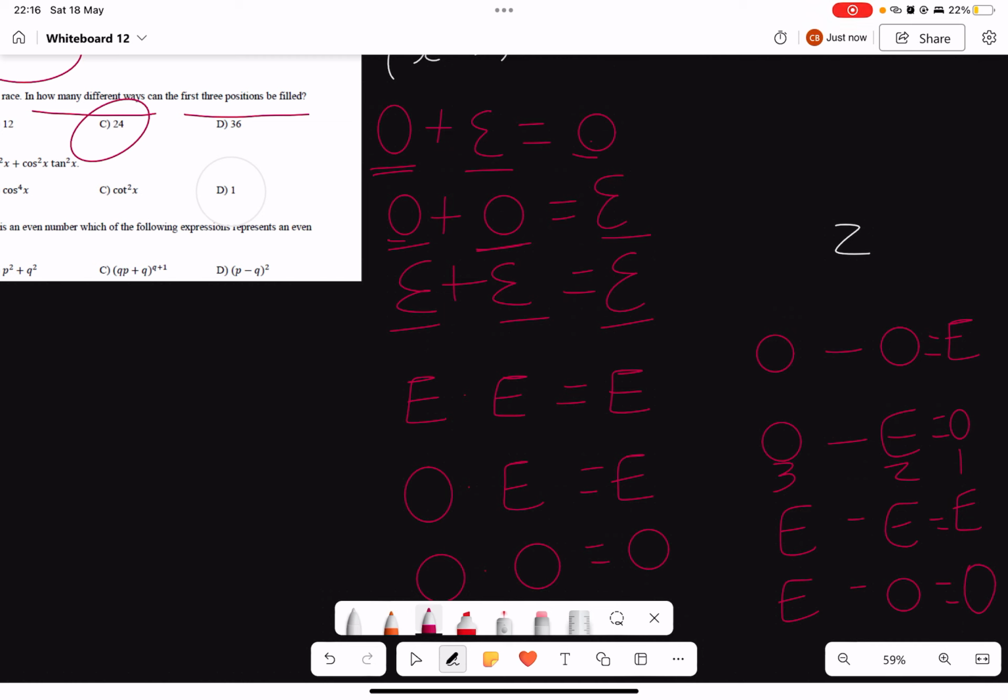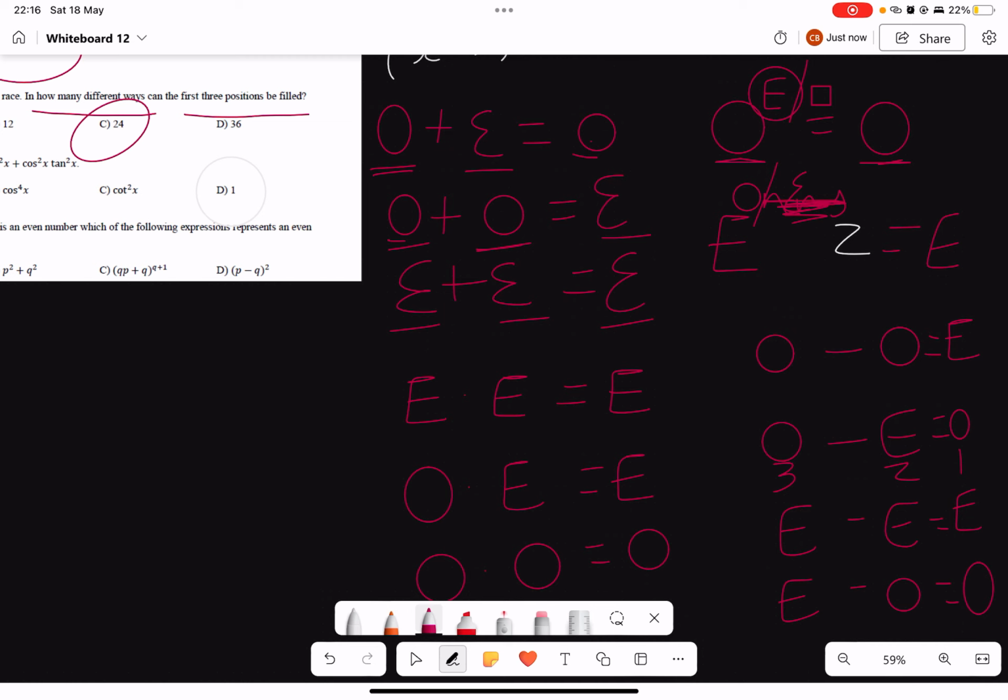Right. And then odd to the power even equals odd. The exponent doesn't matter. As long as the base is odd, you'll always end up with an odd number. Even to the power odd or even will always be even.